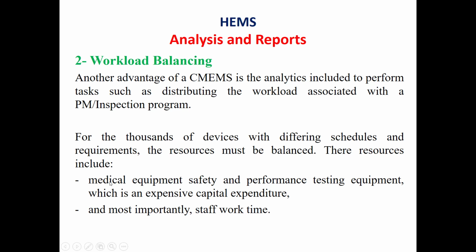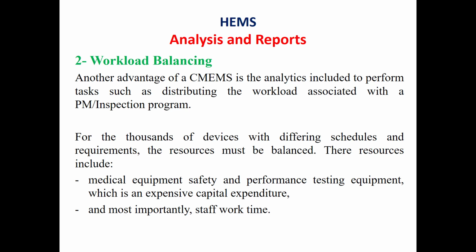These resources include the medical equipment safety and performance testing equipment, as we said, and most importantly, the staff work time. So we have three elements. We have the medical devices in the PM schedule. We have the medical testing equipment, which is also limited. We have also a limited number of staff. We should make this matching.